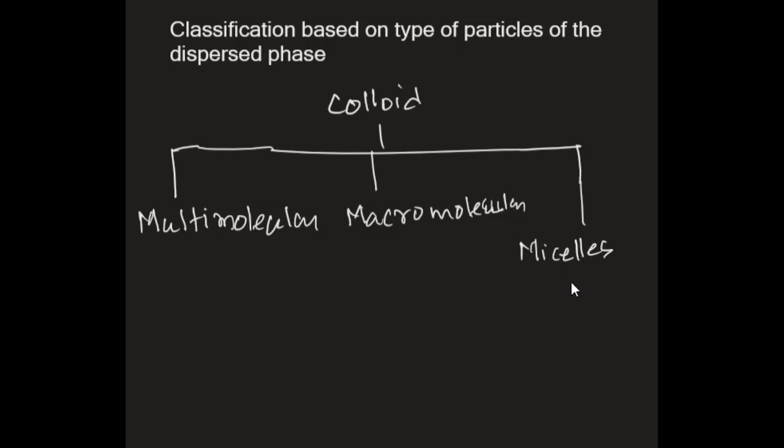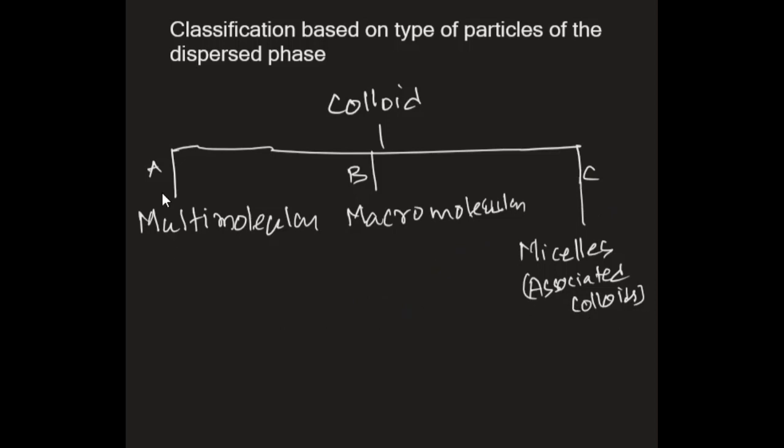It can also be called associated colloids. Okay. So we have type A multimolecular, type B macromolecular, type C micelles, that is associated colloids.